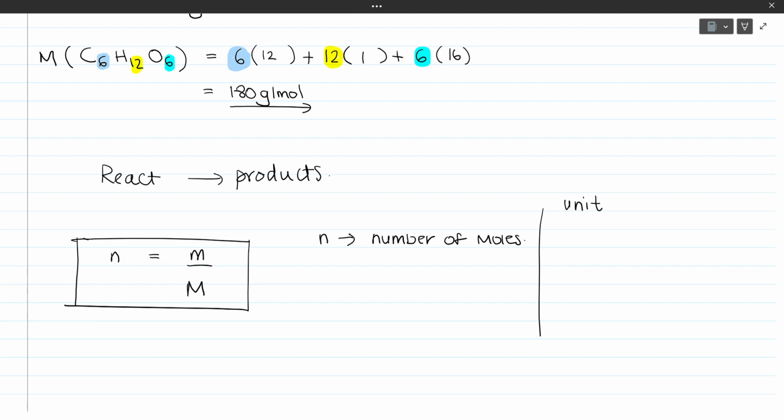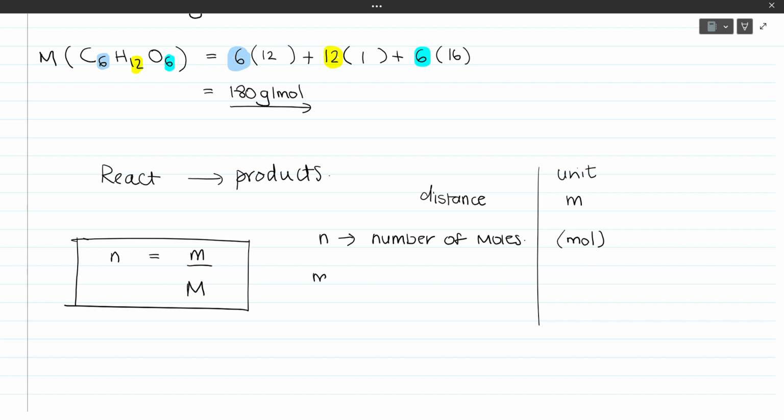So what this means is if I was talking about distance, the unit of measurement we know is meters. If I'm talking about the number of moles, the unit of measurement is the mol, but it's spelled M-O-L, not M-O-L-E. So take note of that. Whenever a calculation asks you to calculate the number of moles, your unit is always written like that.